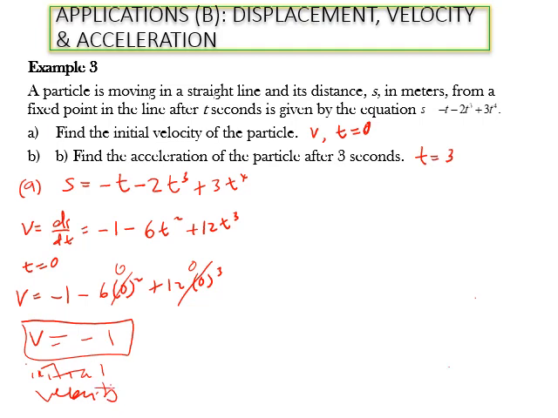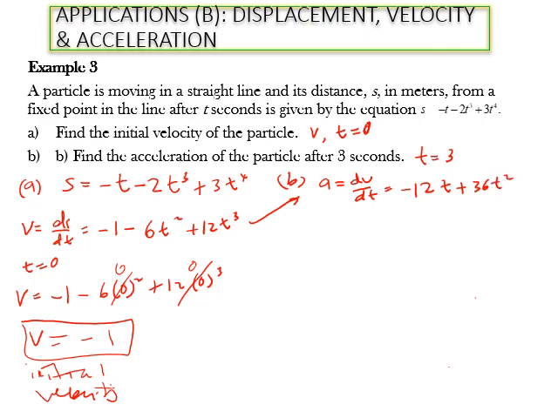For B, we need to find the A. So A we obtain from V. A is equal to dV over dt. So you will get negative 12t plus 36t squared.